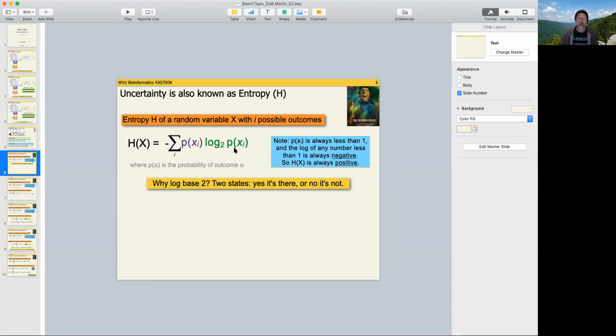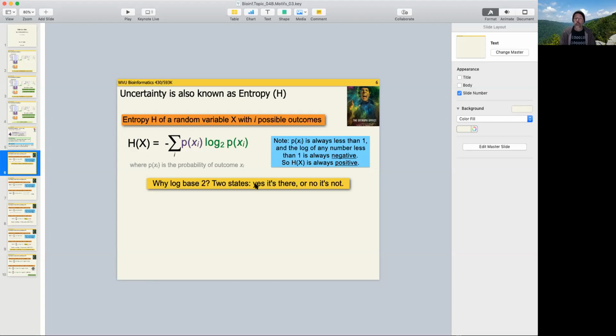Now, why do we use a log base 2 here? We use a log base 2 primarily because, if you go back to our importance slide deck, we're considering this as a yes-no question series. 2 states, is it a 1 or a 2? If yes, is it 1?